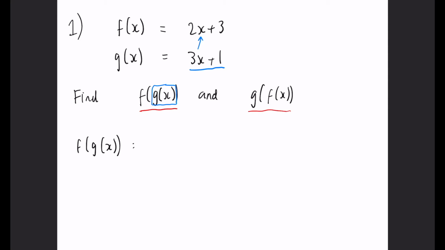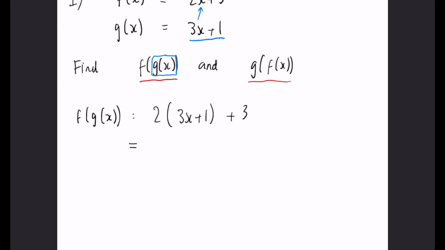So this would look like 2 bracket, and we sub 3x plus 1 where x would normally be, and then plus 3. And we can expand this out. So 2 times 3x is 6x, and 2 times 1 is 2, plus 3. That's going to leave us with 6x plus 5. And you can see that is our new function.